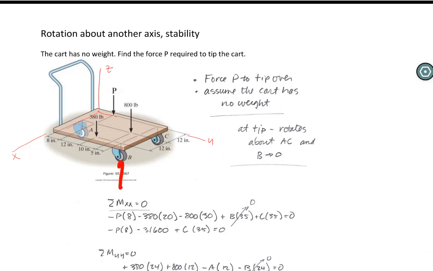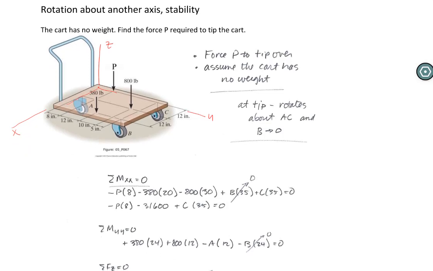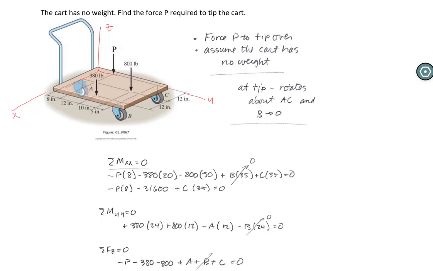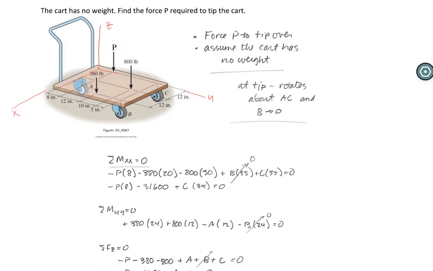Going up, I've got B, except B is equal to 0, and up there I'll have A going in this direction, and it'll have a lever arm of 12. So here's my equation. Sum of the moments about the Y: 380, 800, then I got A, and again B is equal to 0. So I'm setting this up where I've got quite a few unknowns. Have I been able to solve for anything? I still have P as an unknown, C as an unknown, and now I have introduced yet another unknown.